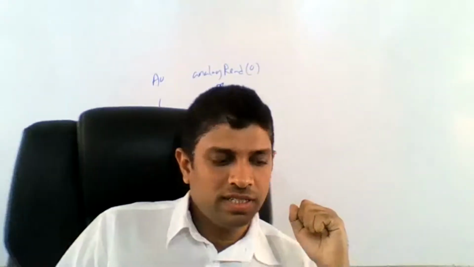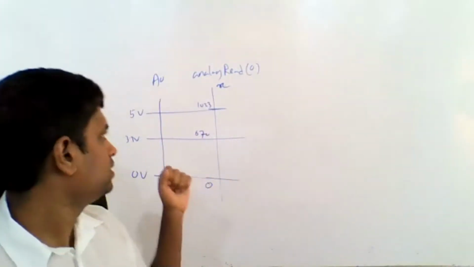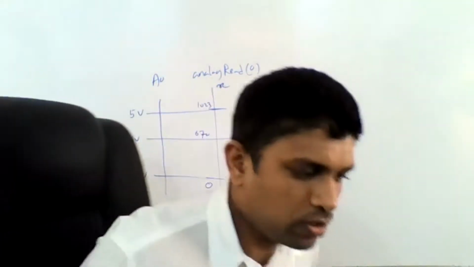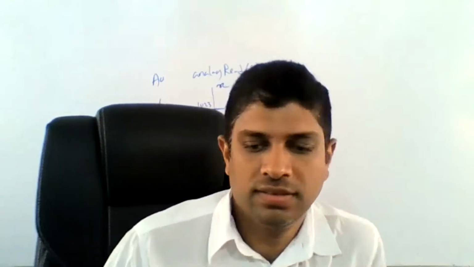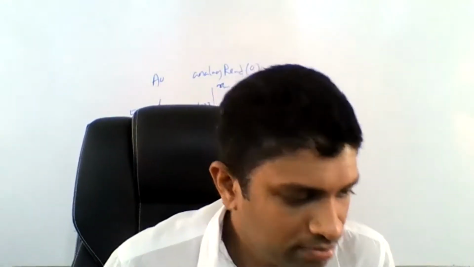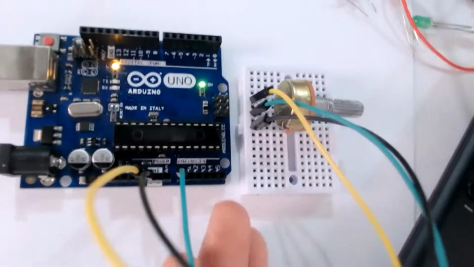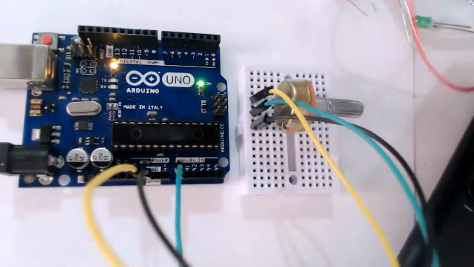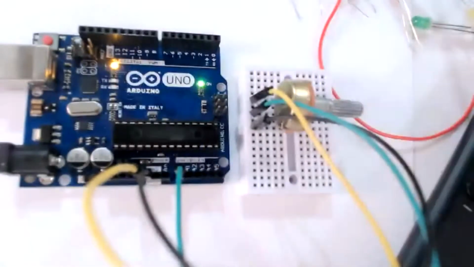Okay, we will start. What we did was use the analog port of the Uno board. It is always an input. Analog read is the function.